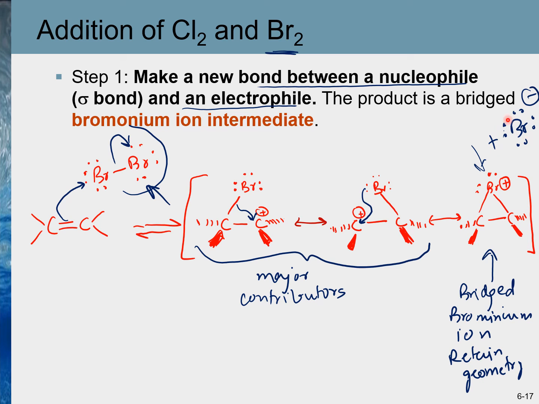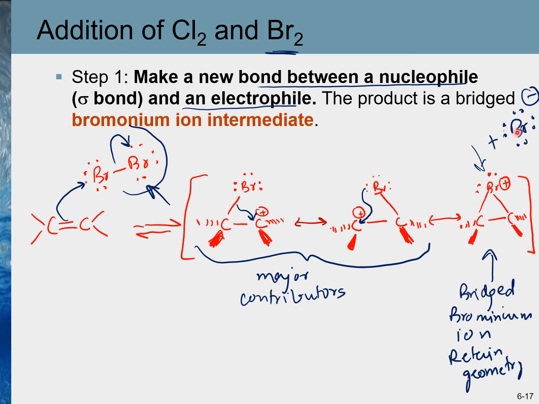So now in the next step, this bromine nucleophile will attack from the bottom. So when it attacks from the bottom, of course the product will be trans, because we already have one bromine atom on the top. The second one will be connected to the bottom. Now again, we can see that there are two carbon atoms where the nucleophile can attack, and both carbon atoms have some positive charge.